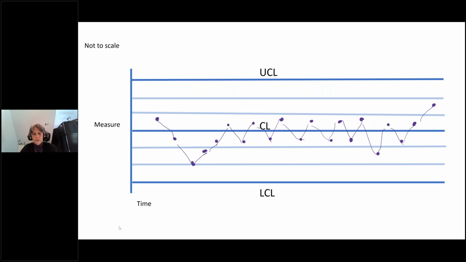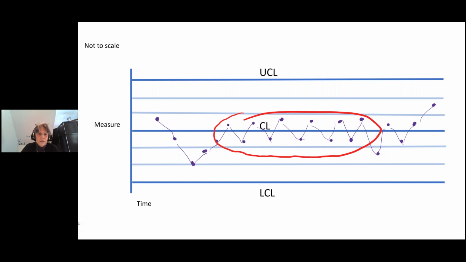And then this one is the sawtooth pattern, where the points zigzag around the center line, and again, that suggests special cause variation. I always find this a little confusing, because you'd think that would be desirable, but statistically it doesn't make sense, or suggests that the distribution isn't as we would expect it.